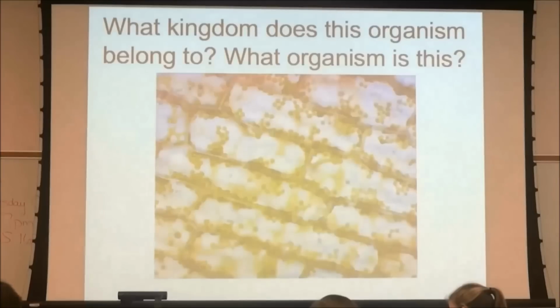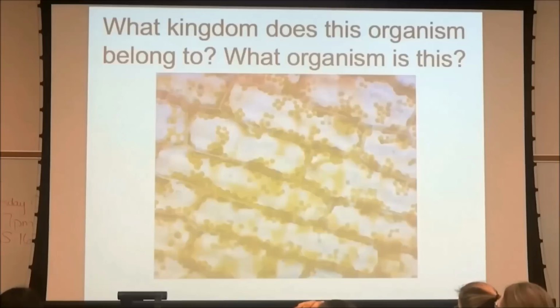Can you guys tell me what kingdom this is and what organism it is? It's a plant cell. Is it the onion? It's not the onion. Is it the sheep? No, it's a plant. Oh, it's the leaf. Yeah, it's the Elodea. That's the leaf. So how did you know it was a plant cell?